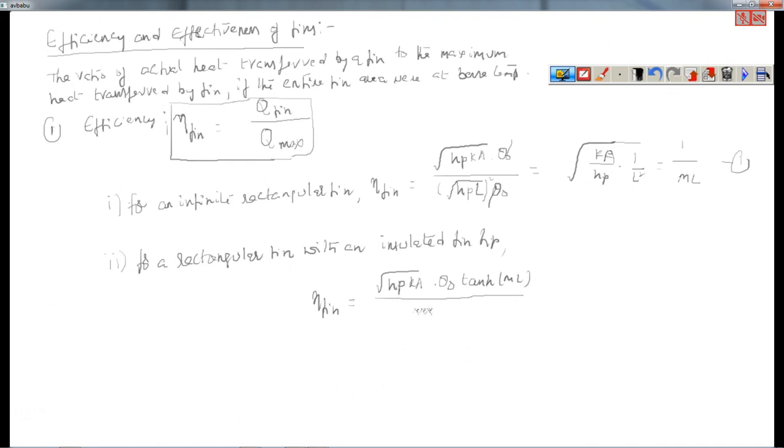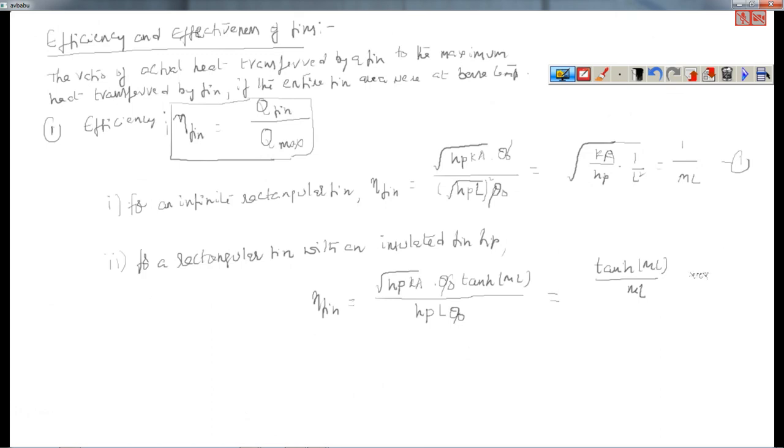Therefore the equation becomes: efficiency of fin is equal to tanh ml divided by ml, where m is equal to the square root of hp by ka, right?